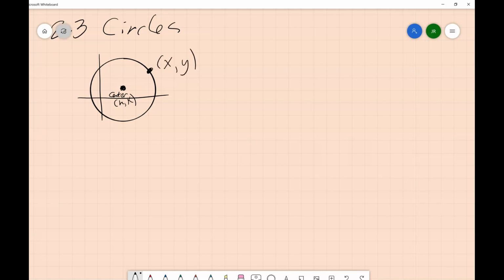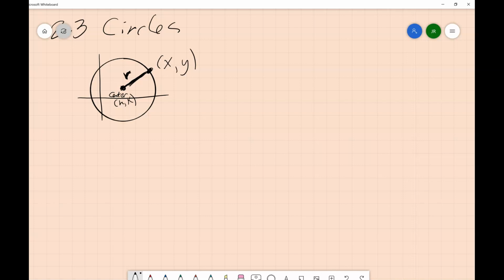Remember, the definition is that all the points on that circle are a fixed distance away. They are all equidistant. That means they're the same distance away. And that distance, I'm going to call r for the radius. So this distance right here, I'm going to call r.